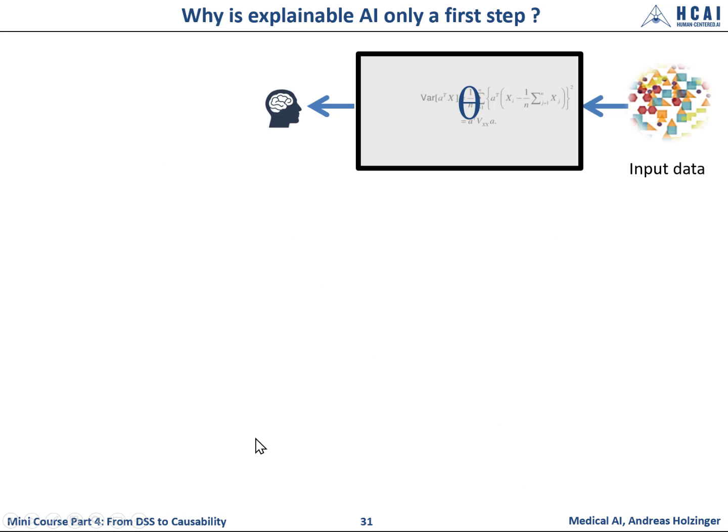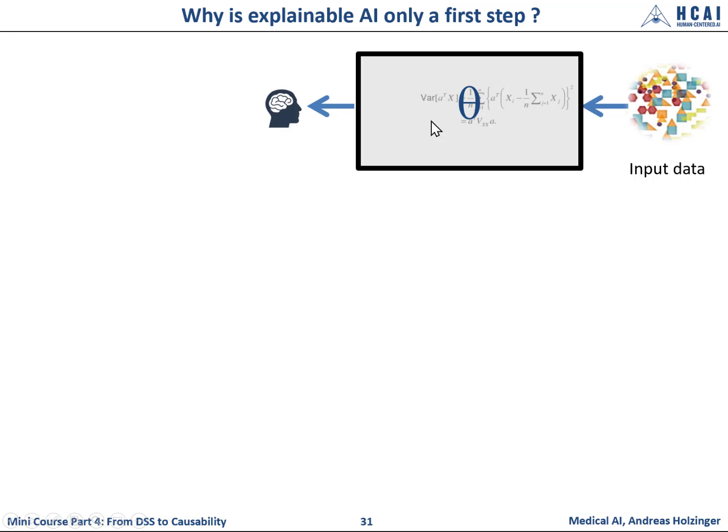So why is explainable AI only a first step? If we look at this slide, of course we would like to use glass box methods where we can look into the method. Here you have the input data, then the machine learning algorithm, here the Greek parameter theta for the feature, and then the human is observing the result.